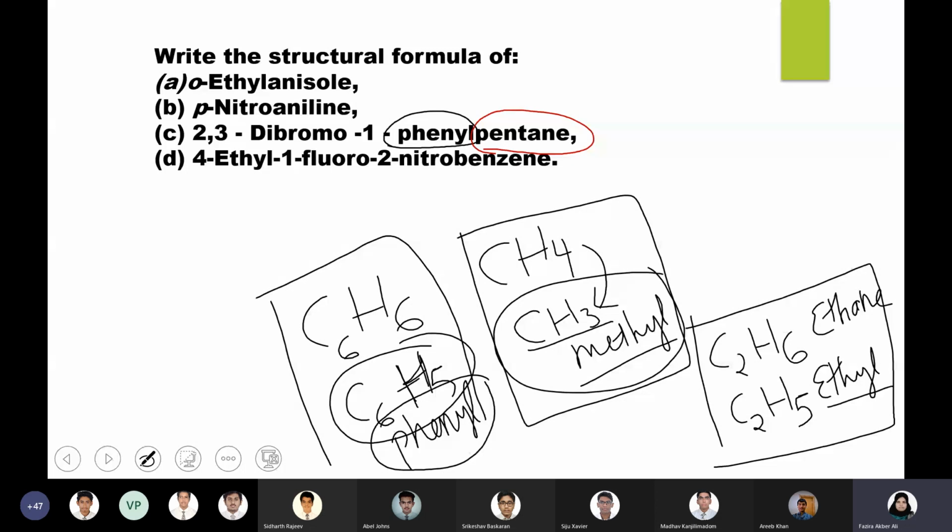So here you have to draw a pentane: 1, 2, 3, 4, 5. First draw the skeletal structure. Don't put the hydrogen in the beginning; hydrogen will be put only at the last. Now you start filling with the branches or substituents.